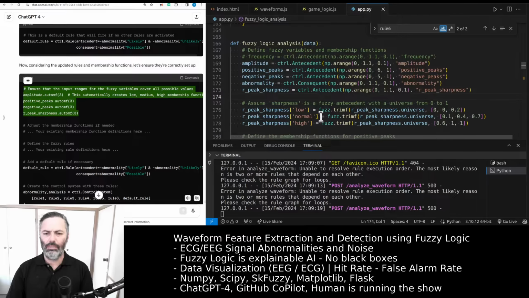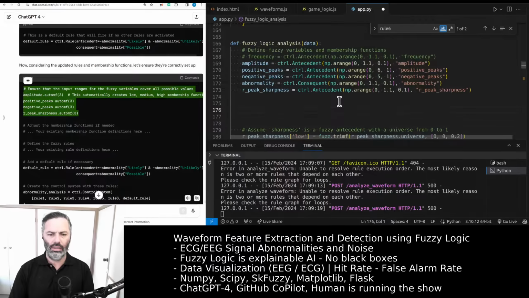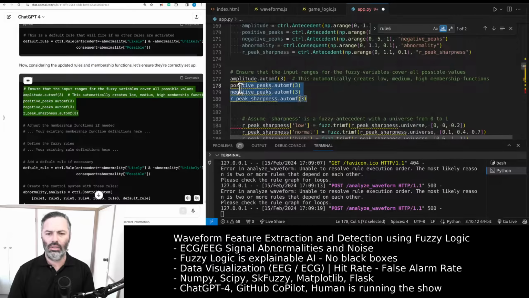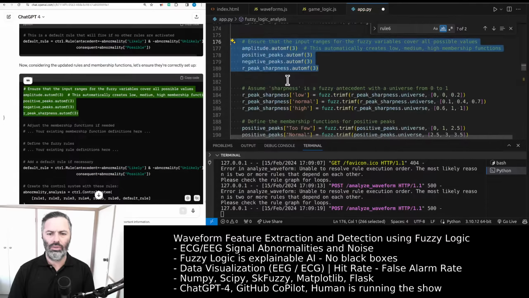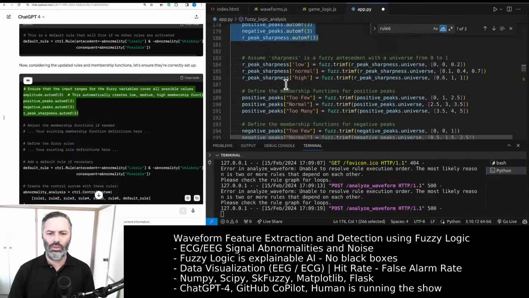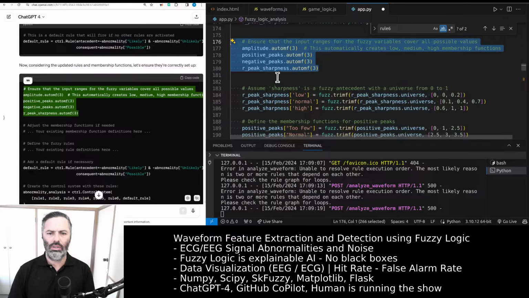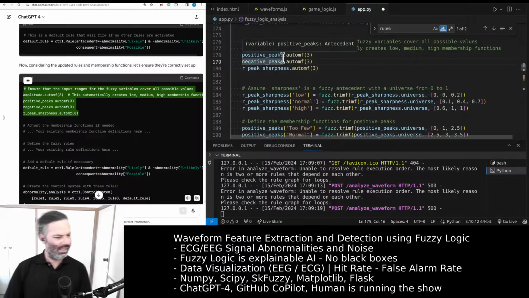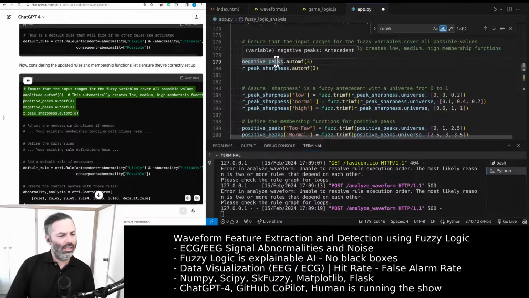Do I place that? So if I, it's automatically generating rules.